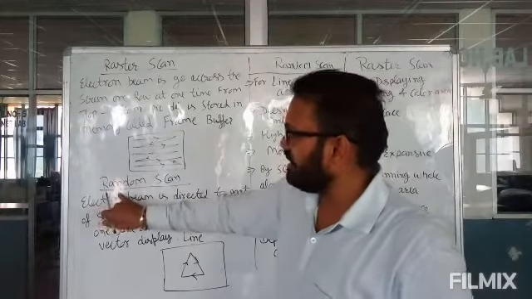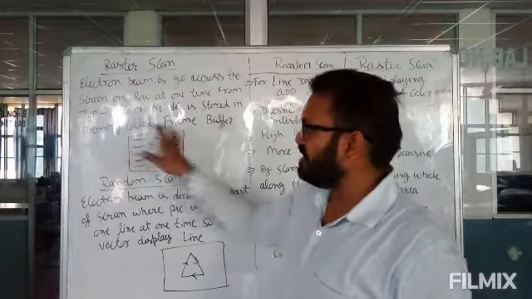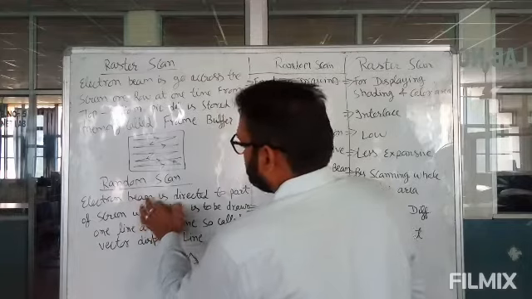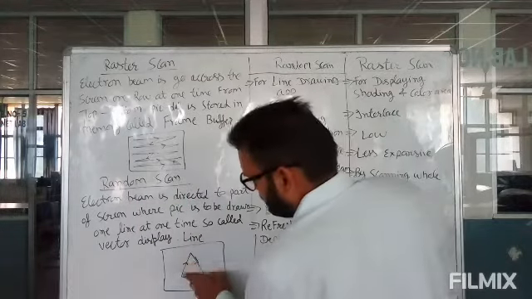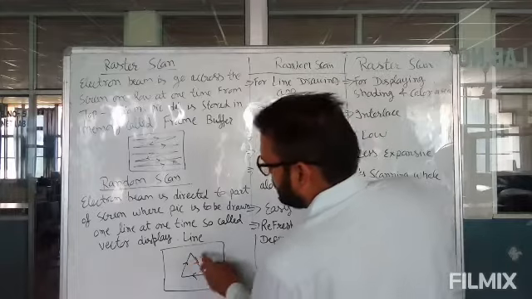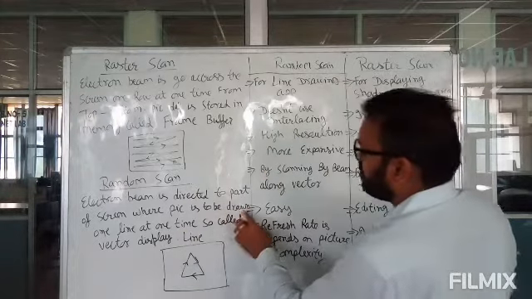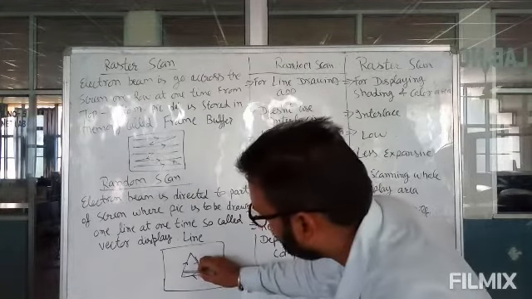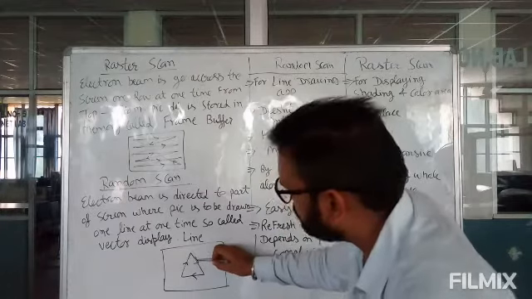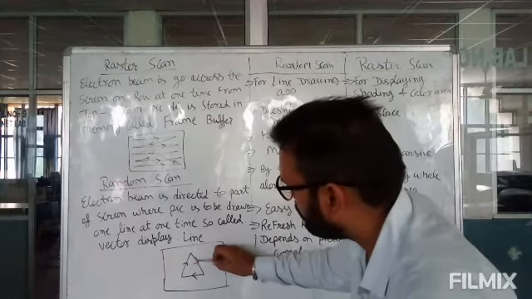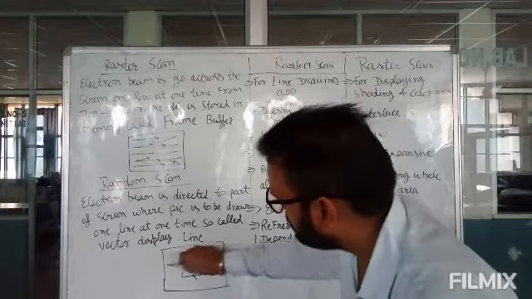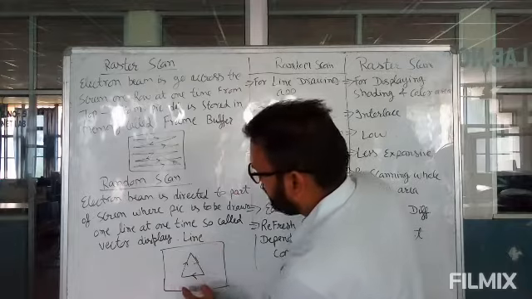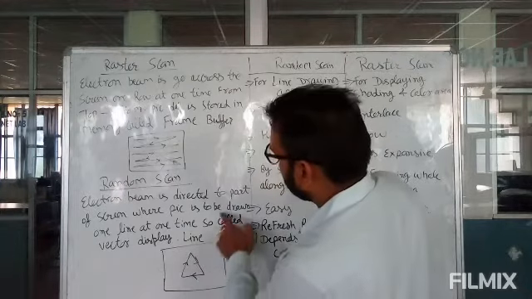Now we come to the random scan. What is the random scan? In random scan, the electron beam is directed only to the parts of the screen where the picture is to be drawn, not all the rows.